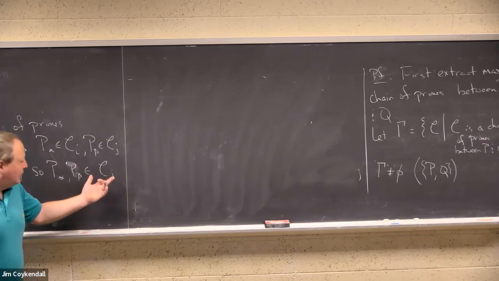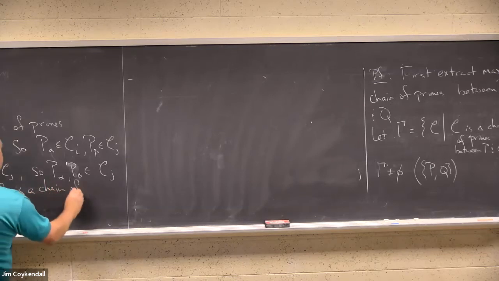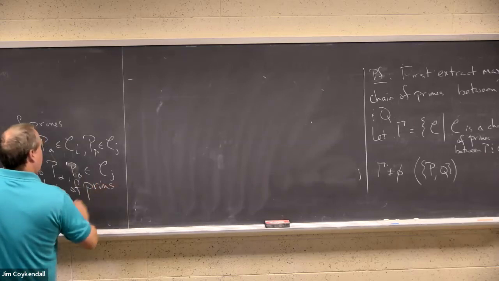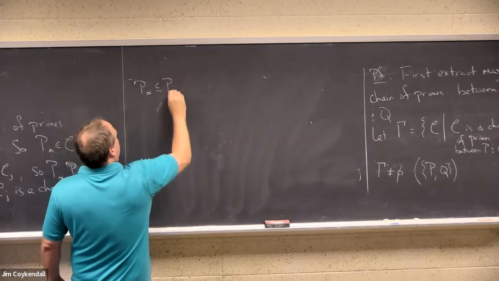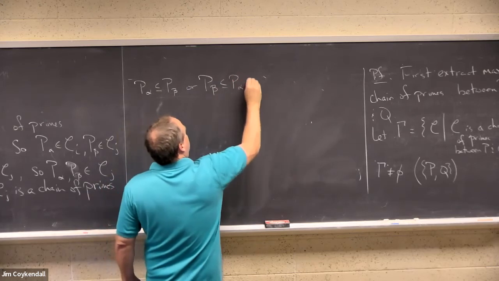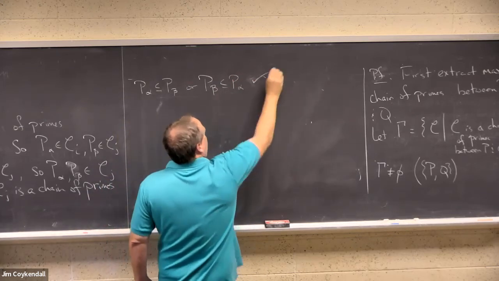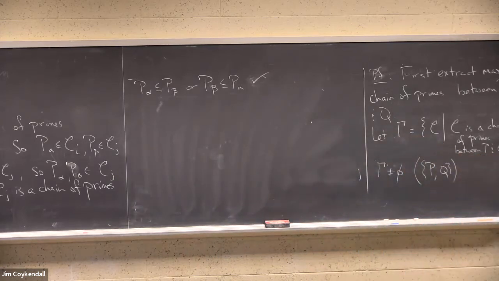But C_J is a chain. We have P alpha is contained in P beta, or P beta is contained in P alpha. And so, check. This union of chains of primes is in fact itself a chain of primes. Everybody okay with it?